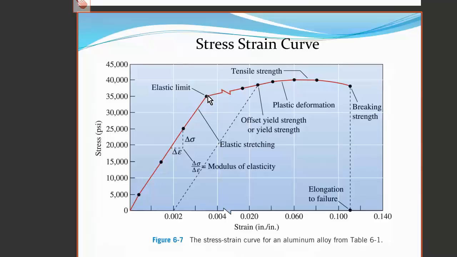However, beyond a certain point, called the elastic limit, the material, when the stress is removed, will end up with a permanent strain. The gradient of the first part of the stress-strain curve has a special meaning. It is called the modulus of elasticity, sometimes given the symbol E.